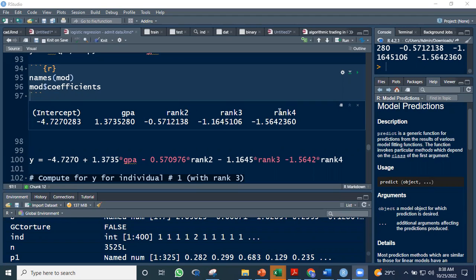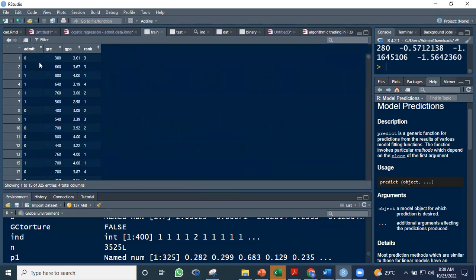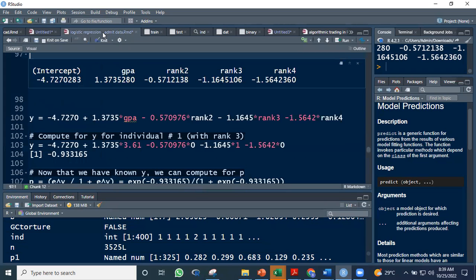So this is where our model is coming from. Now, if we take a look at individual number 1 in our train data set, the GPA is 3.61 and the individual is rank 3. How do we put that in our model? So this is now for individual number 1.